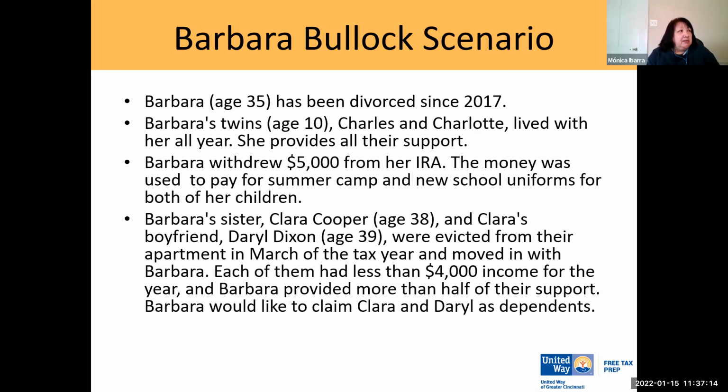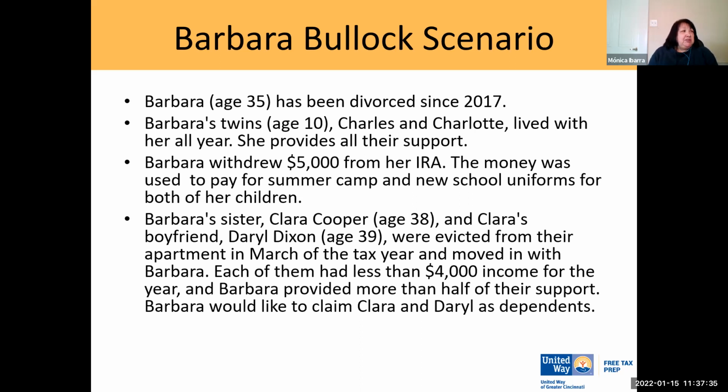All right, so Barbara has been divorced since 2017. She has twins, Charles and Charlotte, who lived with her all year. She provides all of their support. She withdrew $5,000 from her IRA.